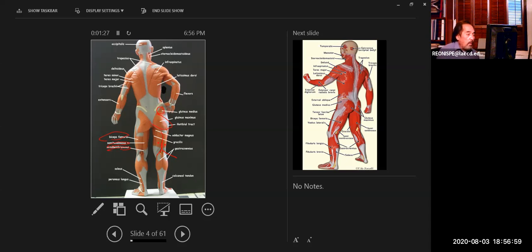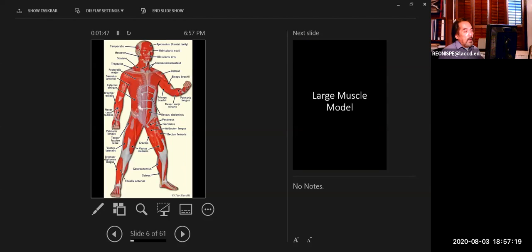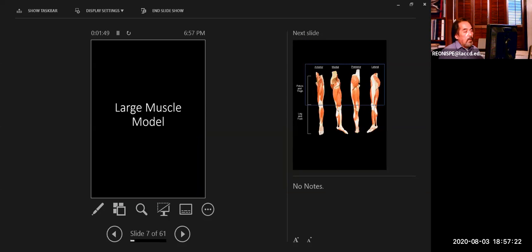Tendinosus is above the membranosus. And then the muscle located here at the leg, posterior compartment, gastrocnemius, and then soleus is the thin muscle inside. Okay, so lower extremity muscle, not as obvious as it is.